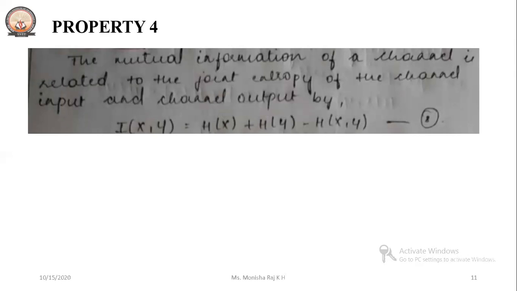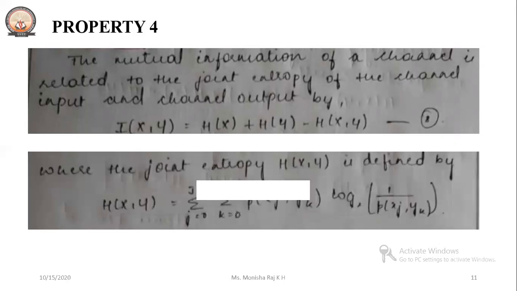The last one is property 4. Property 4 states that the mutual information of a channel is related to the joint entropy of the channel input and channel output, and is given by I(X;Y) = H(X) plus H(Y) minus H(X,Y), where the joint entropy H(X,Y) is defined by H(X,Y) = summation j = 0 to J-1, summation k = 0 to K-1, p(xj, yk) log of 1 by p(xj, yk).